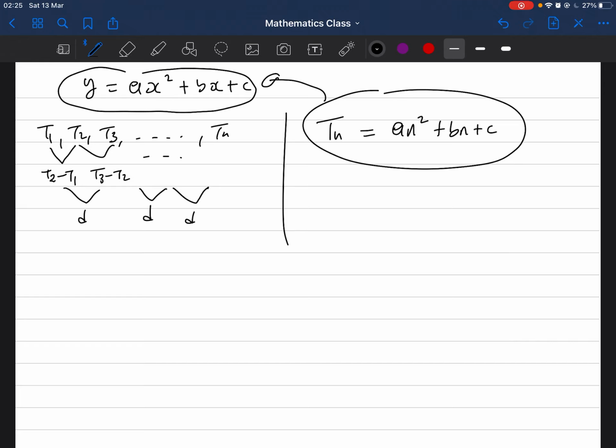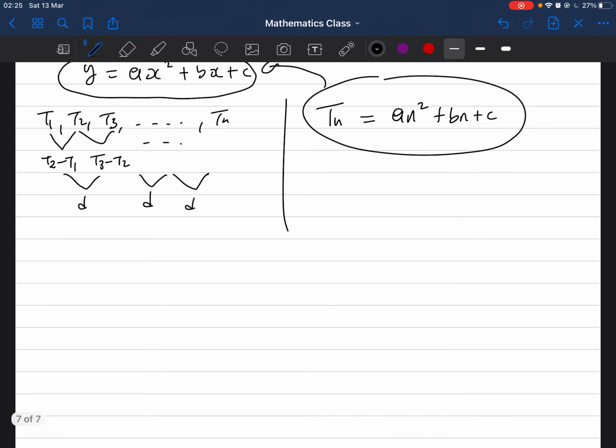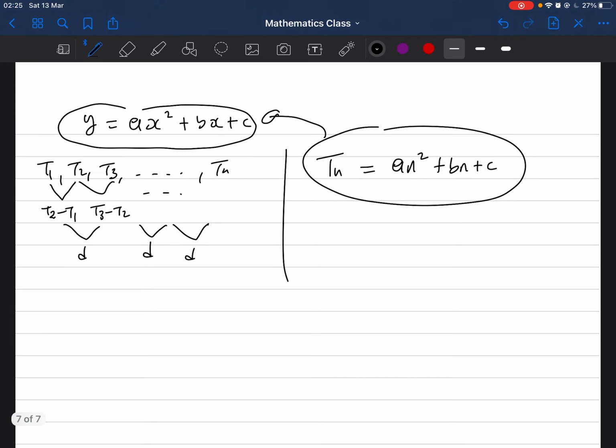So how do we solve this? You need to find a, you need to find b, and you need to find c.